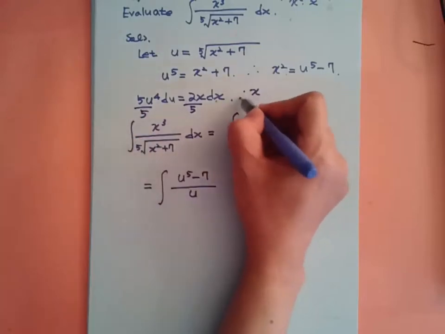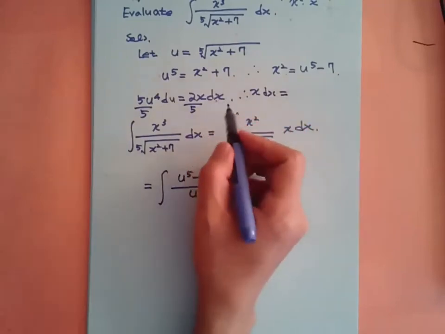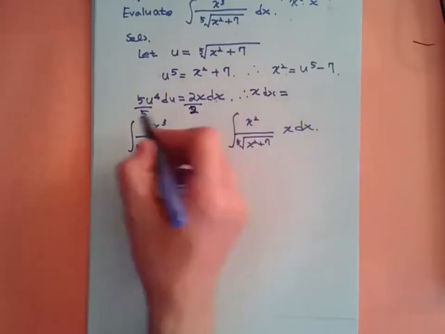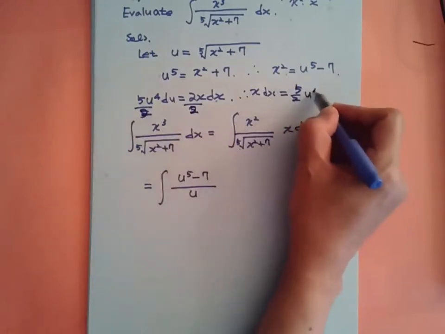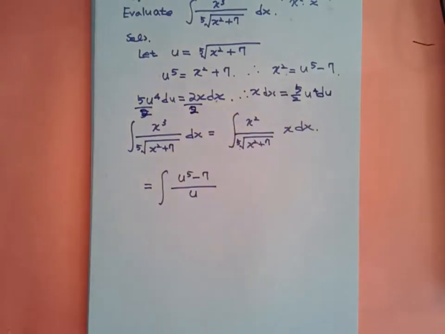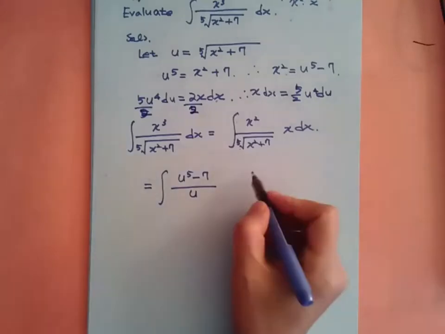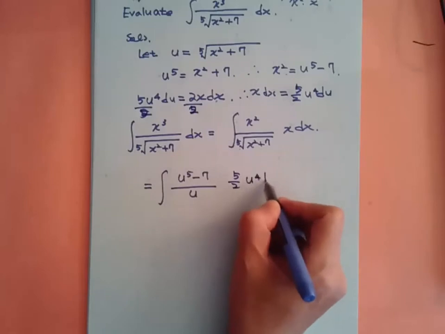We divide by 5 on both sides. Then x dx equals, we divide by 2 on both sides. Then that is 5 over 2 u to the 4th power du. So x dx is 5 over 2 u to the 4th power du.